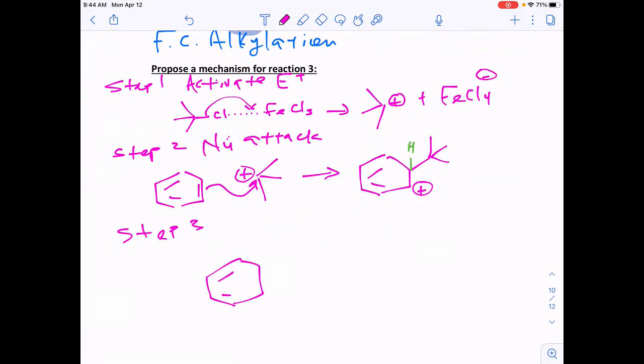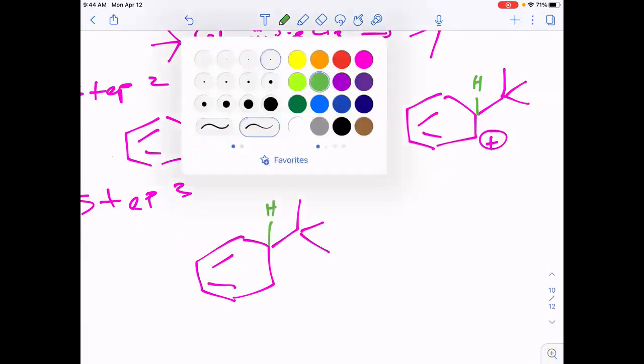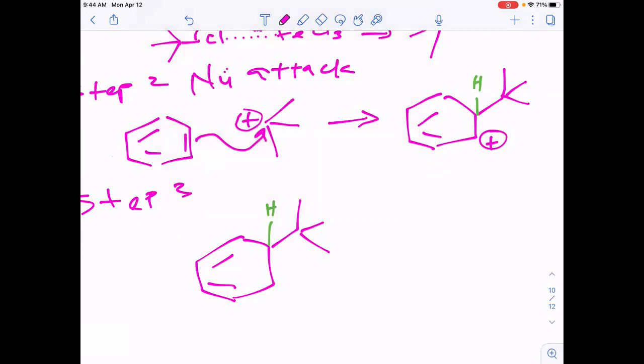It's energetically just too unfavorable to do that. Remember when we first started talking about benzene, we were saying how perfect it was. All the bonds are the same length, everything is perfect. So you don't want to break that up because you lose a lot of energy by doing that. So you always reestablish aromaticity at the end. To be honest, that's probably what drives the reaction, trying to get back to normal.